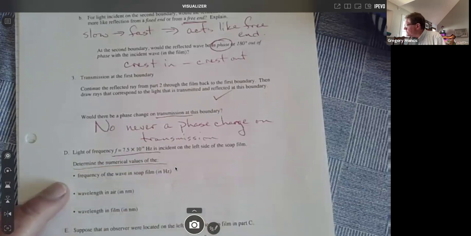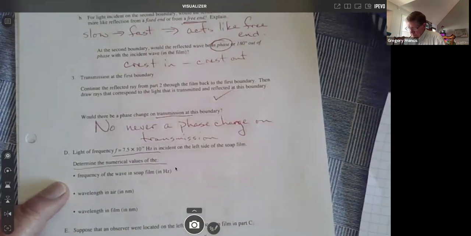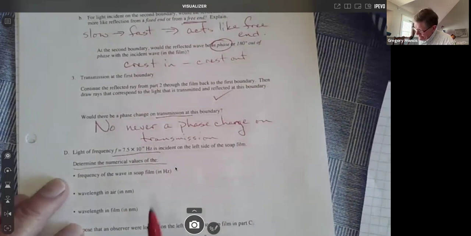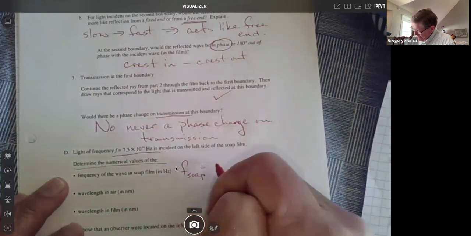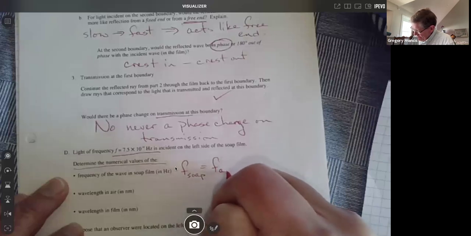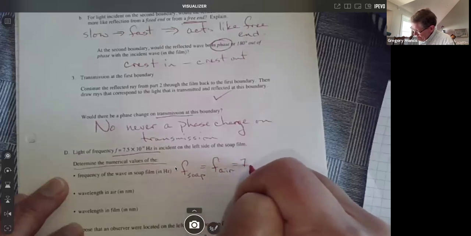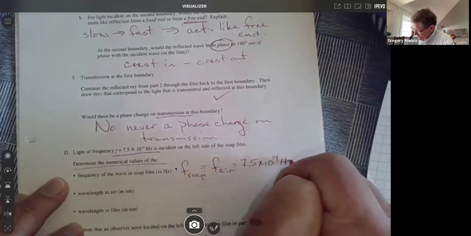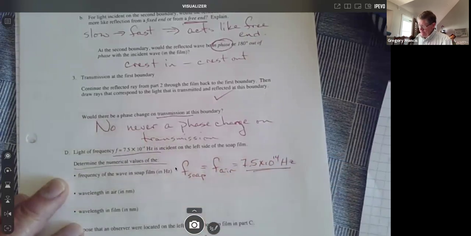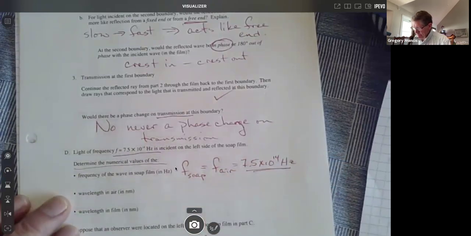The frequency of the wave in the soap film is going to be the same as in air, that's what we said before. So that's going to be 7.5 times 10 to the 14 hertz. Remember, that doesn't change when we go from one medium to the other.